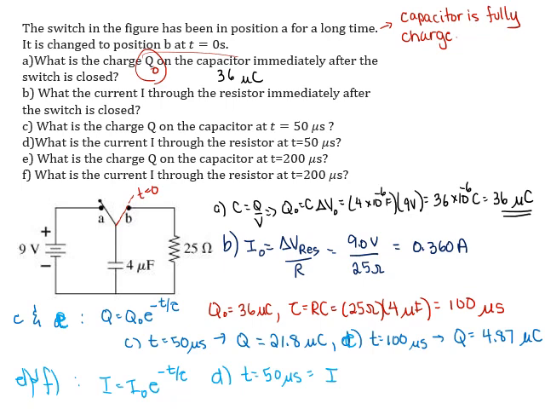So my current I at 50 microseconds is going to be 0.218 amps. And then for part F, our time is 100 microseconds. And that gives us a current I of 0.0487 amps. Okay, this one was pretty straightforward.